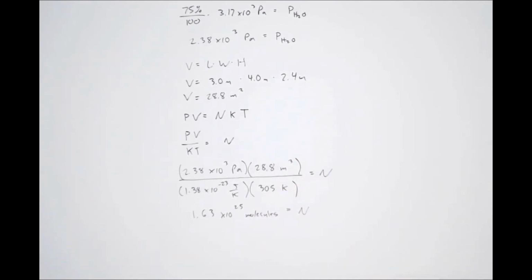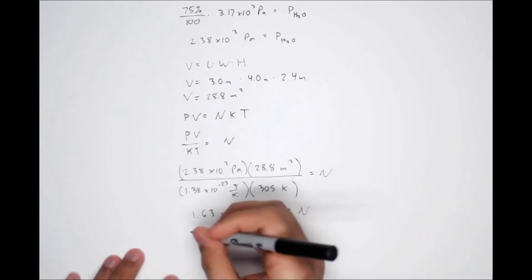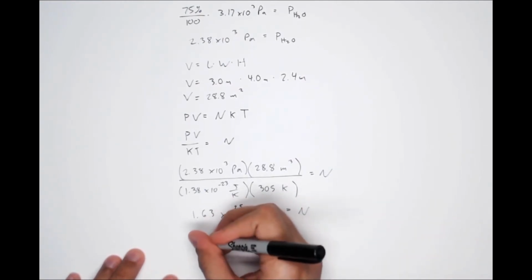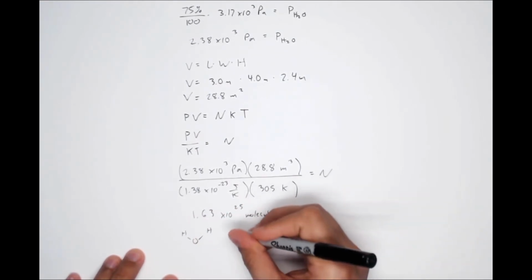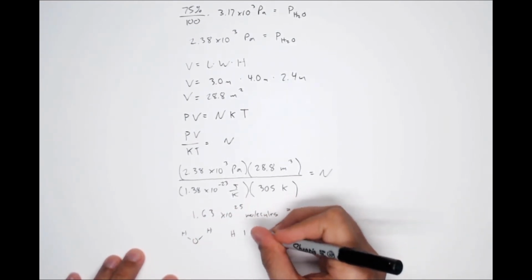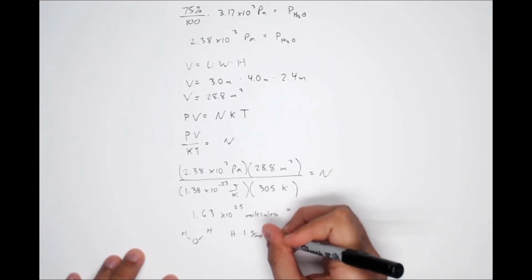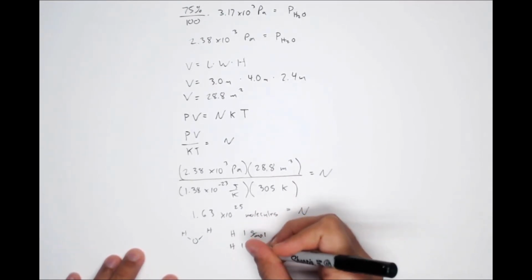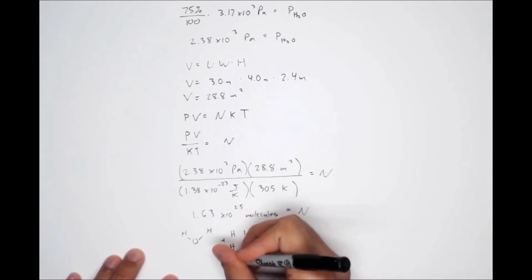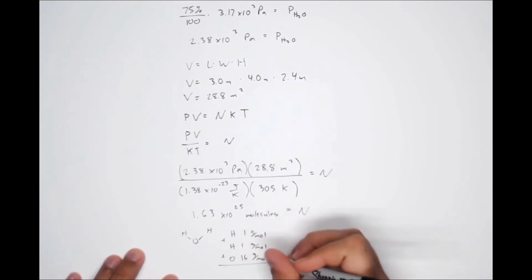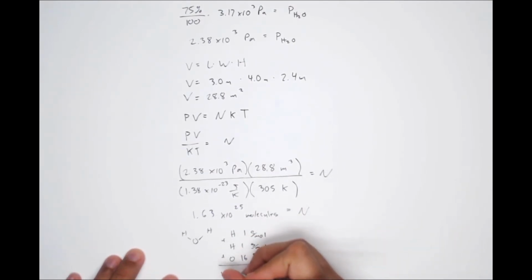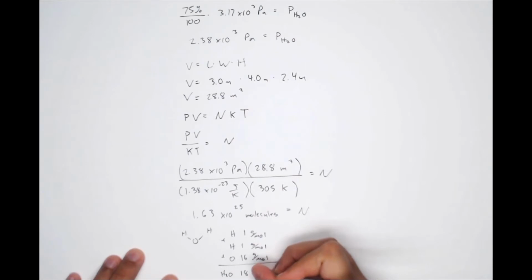But what we want was the total mass. So remember our chemistry, that water is H2O. Hydrogen is of course 1 gram per mole, and oxygen is 16 grams per mole. So if you add that all up, H2O is going to be 18 grams per mole.